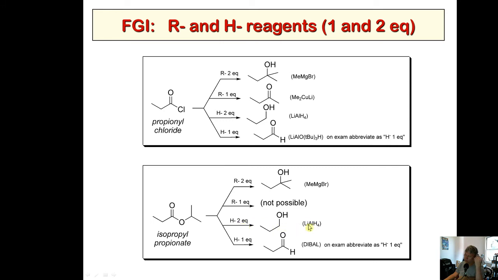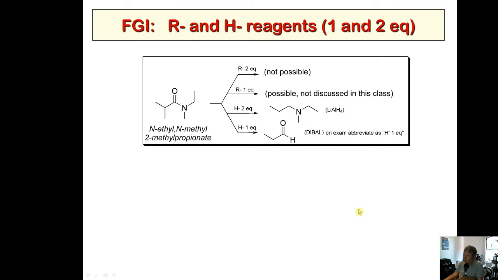Let's use the super reducing agent, lithium aluminum hydride. What if you want to do H minus 1 equivalent? Well, then DIBAL works, and then it gives you an aldehyde. Okay, and yeah, I guess H minus 1 equivalent is a reasonable abbreviation. DIBAL is pretty easy to remember, but on a synthesis problem, if you can't remember DIBAL, just write H minus 1 equivalent.